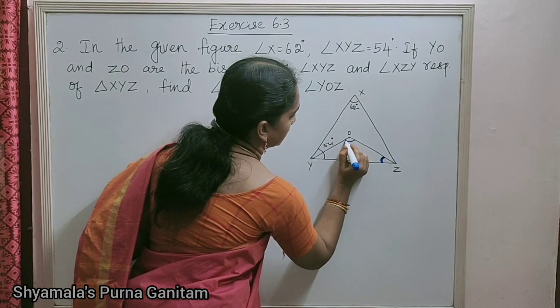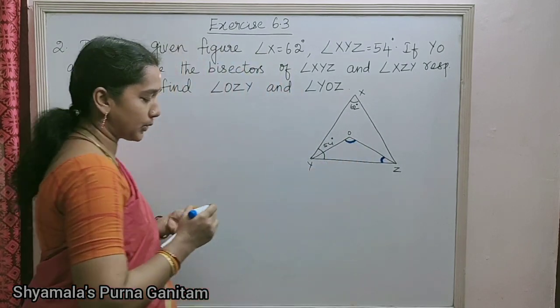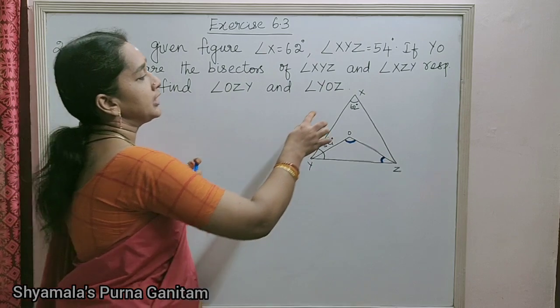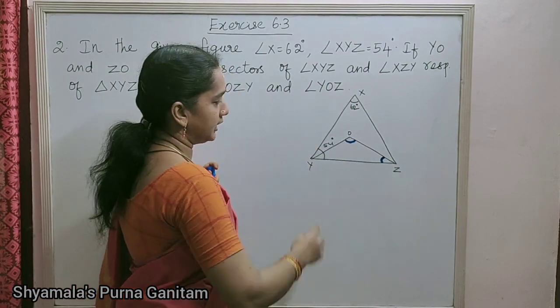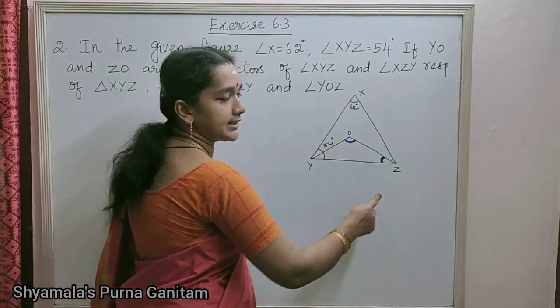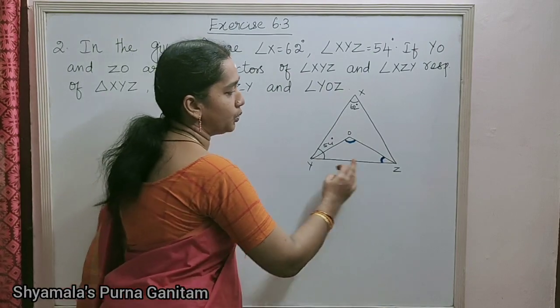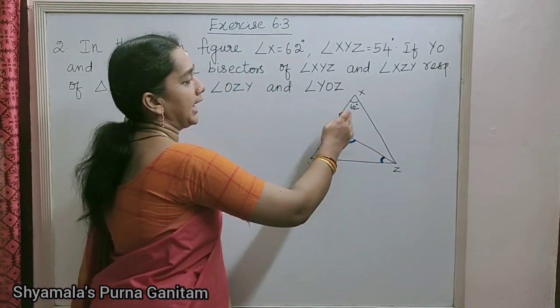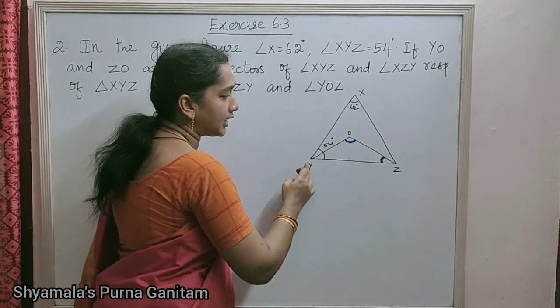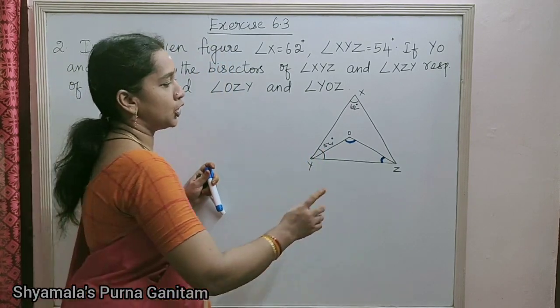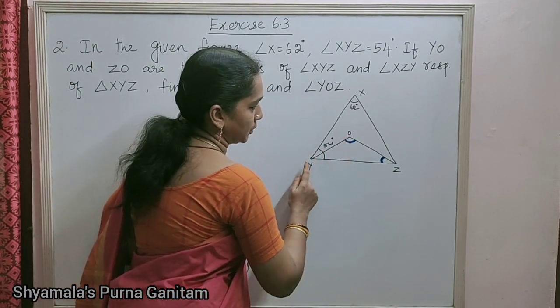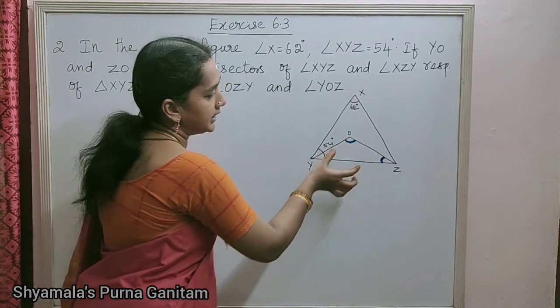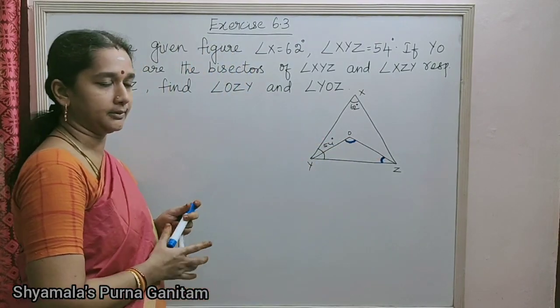So these two angles you are asked to find. In the question it is given XYZ is a triangle and OY and OZ are the bisectors of angle Y and Z. Angle X is 62 degrees, angle Y is 54 degrees.